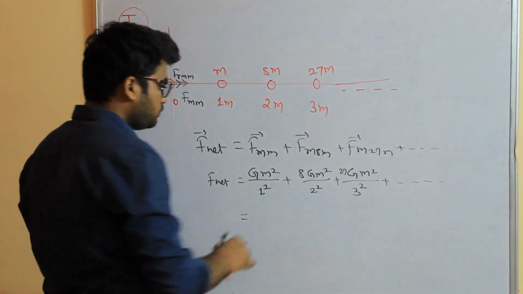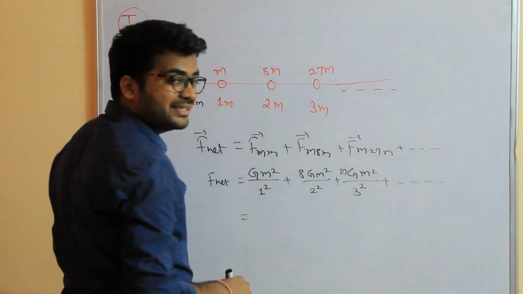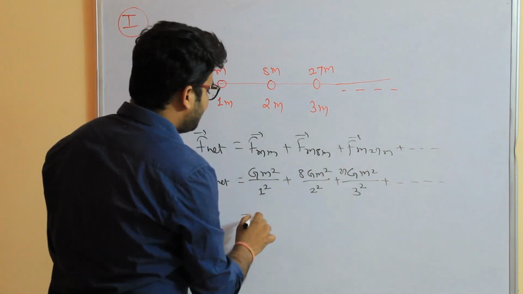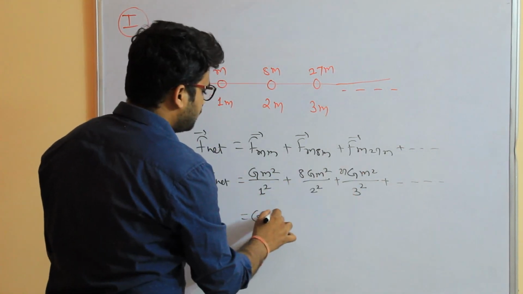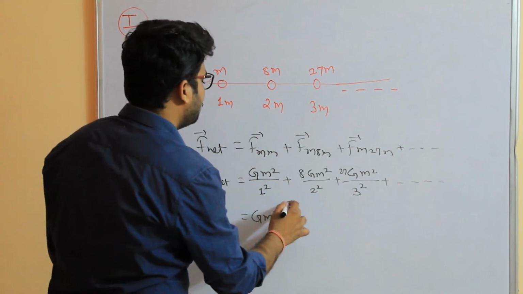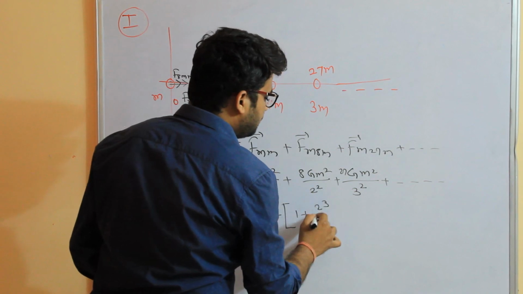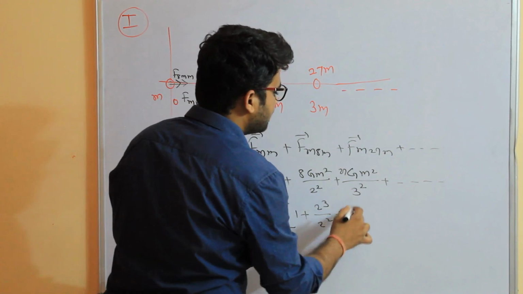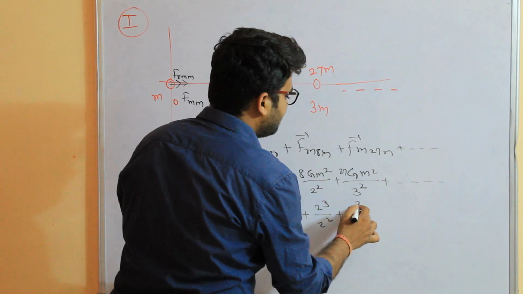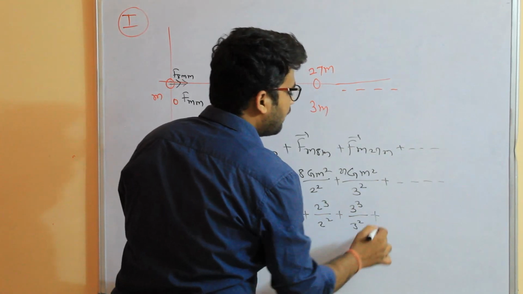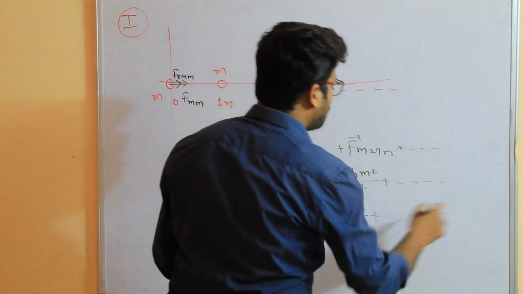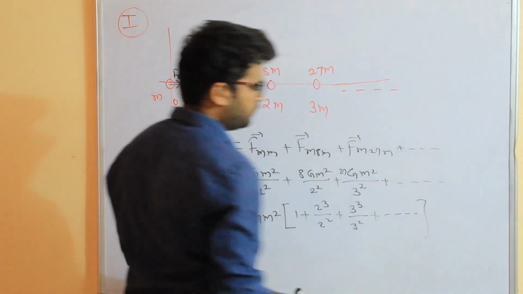to, now Gm square is common, right? So Gm square is common, in the bracket 1 plus 8 is nothing but 2 cube divided by 2 square, plus 27 is nothing but 3 cube divided by 3 square, plus likewise so on and so forth, right?